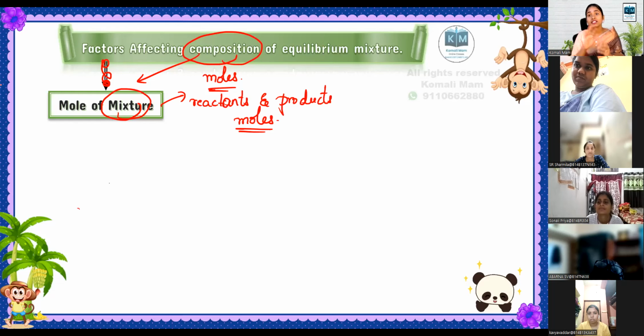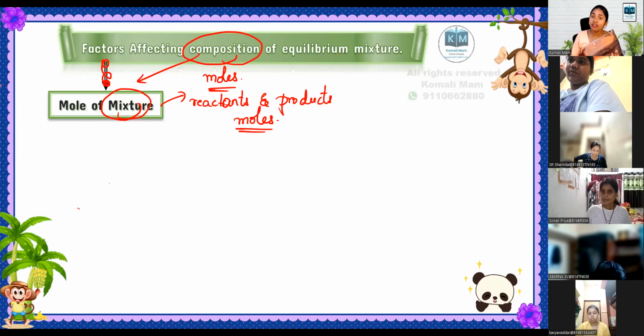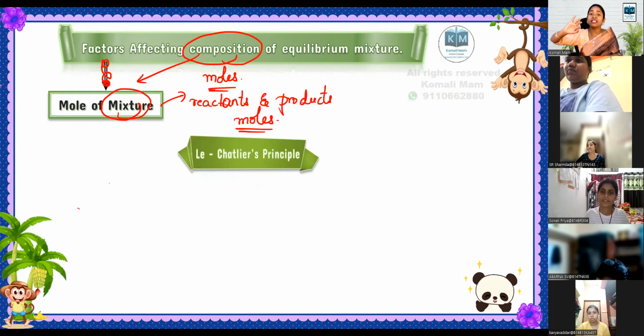If you increase the concentration, equilibrium tries to decrease the concentration. If you increase the temperature, equilibrium tries to decrease the temperature. If you increase the number of moles, equilibrium tries to decrease the number of moles. So always equilibrium tries to shift in such a direction to decrease the effect.